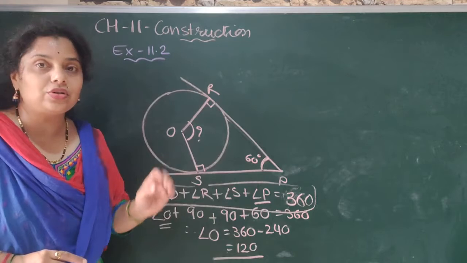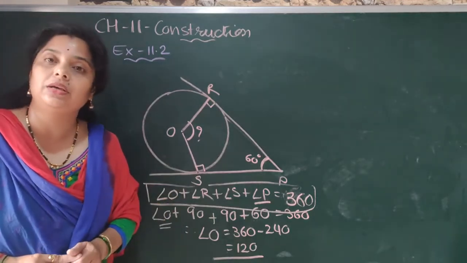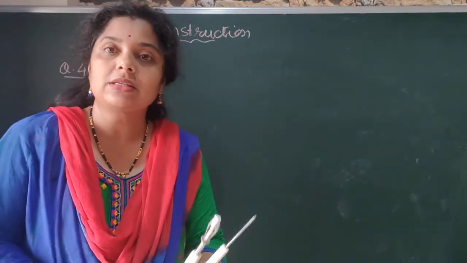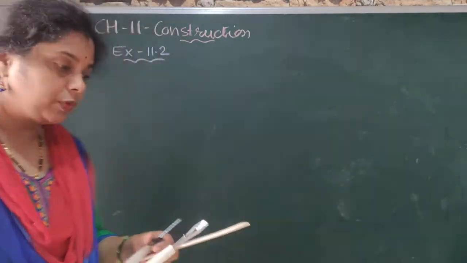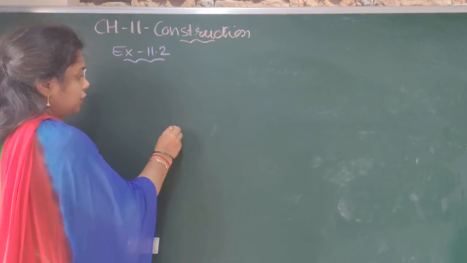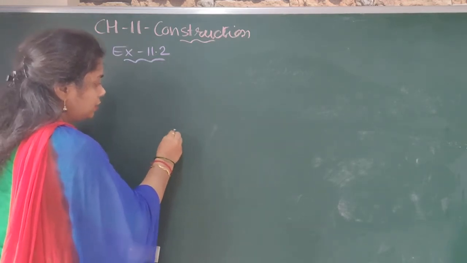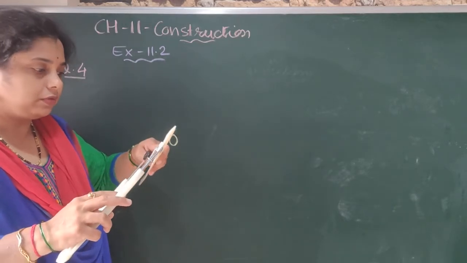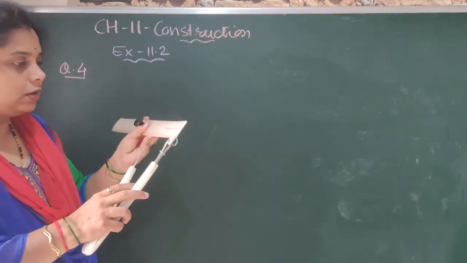Now let's see the actual construction using compass and scale. Now let's start construction 4. As they ask, we first take a center O or any name, and with radius 5 we have to draw a circle.